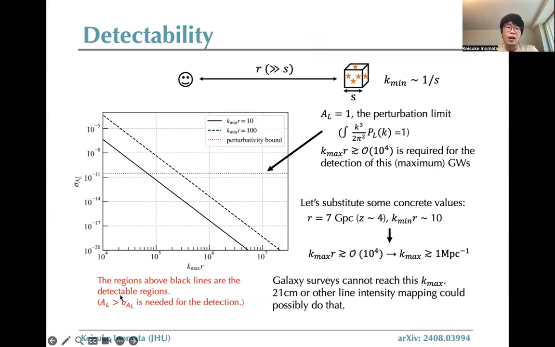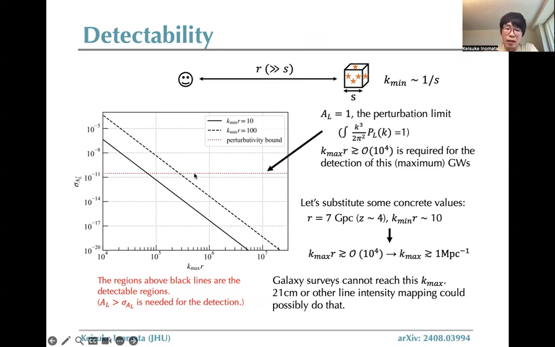So note again, if A_L is larger than sigma A_L, we can detect the gravitational waves. And these horizontal dotted lines show the case with A_L equals 1. This corresponds to the perturbation limit. So this is the largest gravitational waves in the perturbation theory.